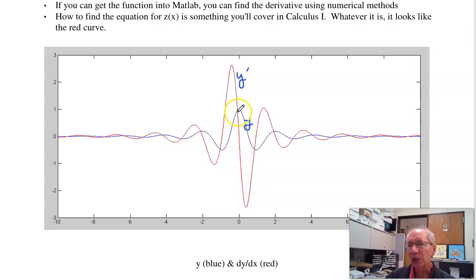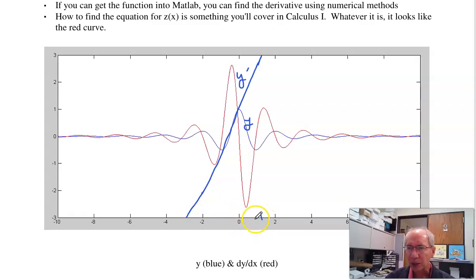And a check. When y is a maximum, the derivative is 0. That checks out. When y is increasing, the derivative is positive. When y is decreasing, the derivative is negative. And you could actually check a couple points. Like right here, if I draw the tangent, it looks like y changes by 6 in about 2 seconds.